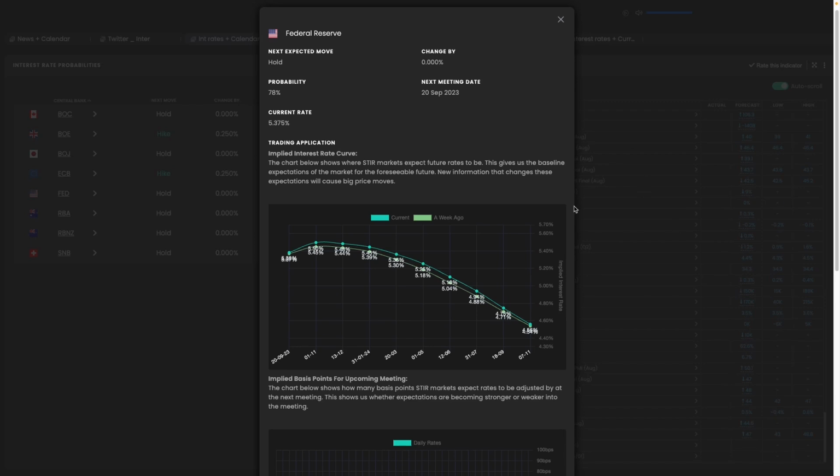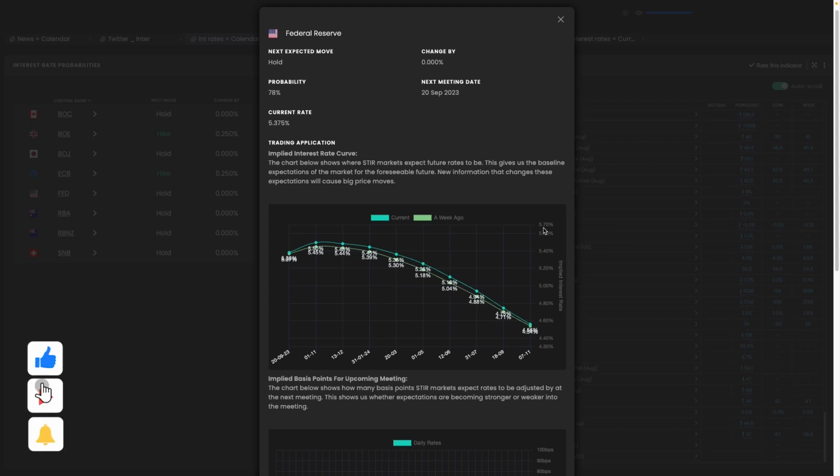Now, there was a lot of talk about this R star rate, the Fed's neutral rate, ahead of Powell's speech at the Jackson Hole Symposium, and it's an important rate because it lets us know what the Federal Reserve is thinking about the future path of US economic growth and the future path of inflation.